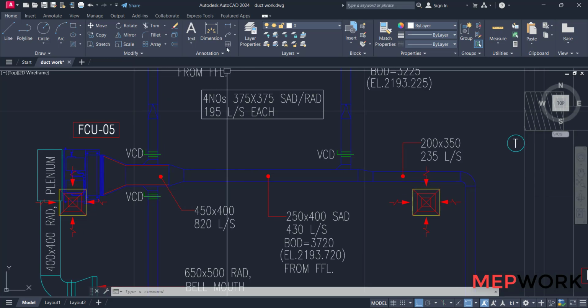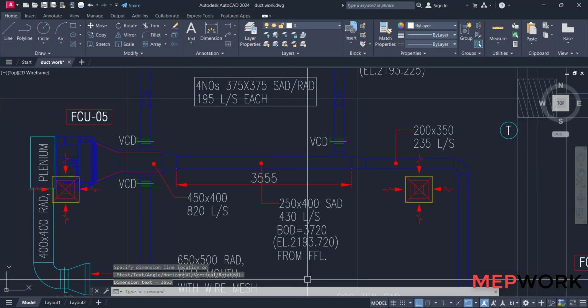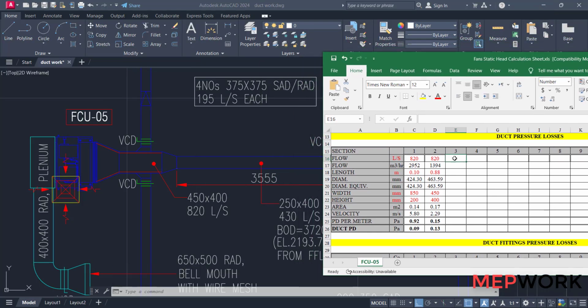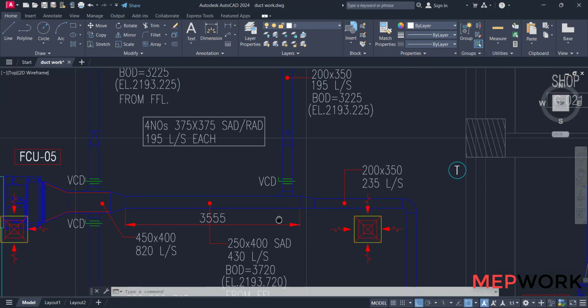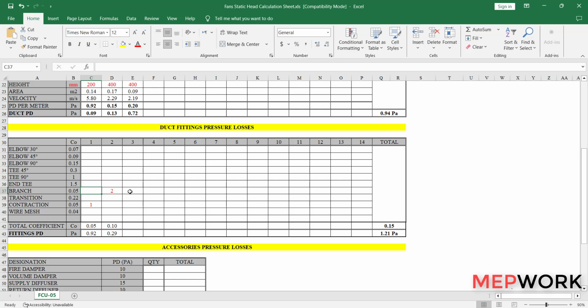To the third part, and the duct fittings on this part will be a branch and a reducer. 1 branch and 1 contraction.